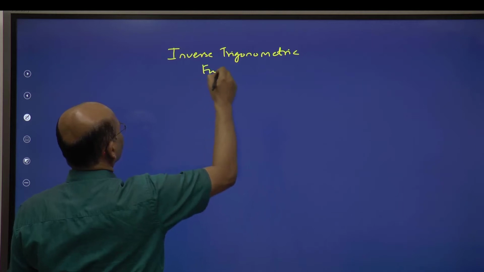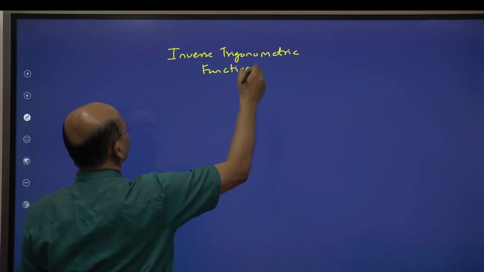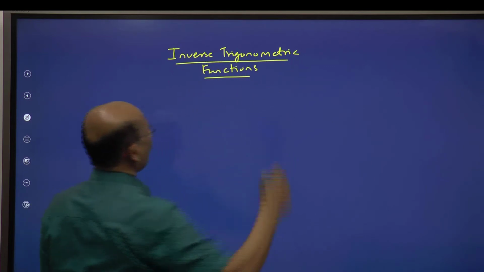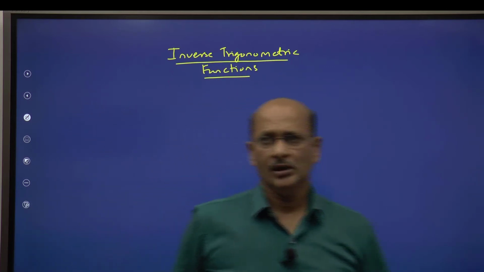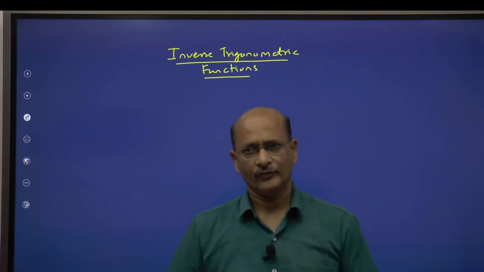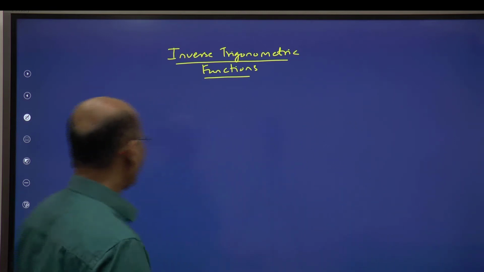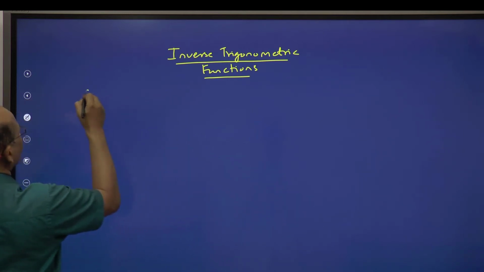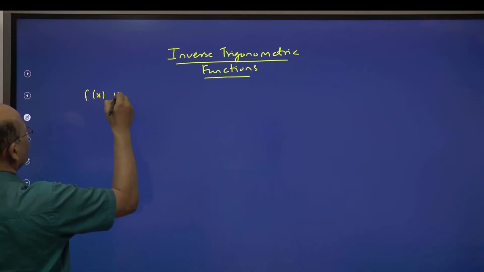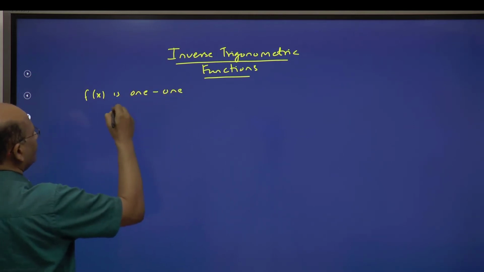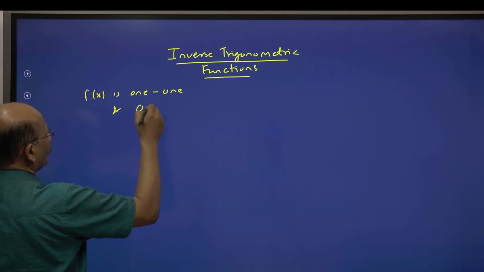Now children, a very important thing: you must have studied in functions when an inverse of a function exists. When basically the function is a 1-1 function and the function is an onto function.